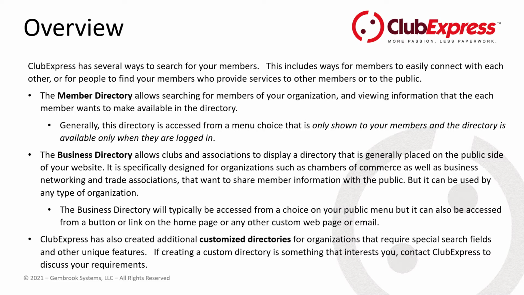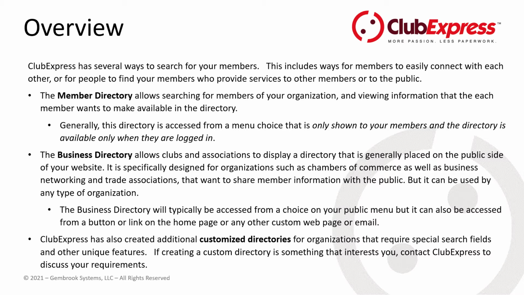Even if somebody has the URL to the page, if they're not logged in, it is going to ask them to log in. So this is usually placed on a menu choice where the menu is only shown to members, but it could be any place that you want to surface the link, but generally it's made available only when people are logged in.